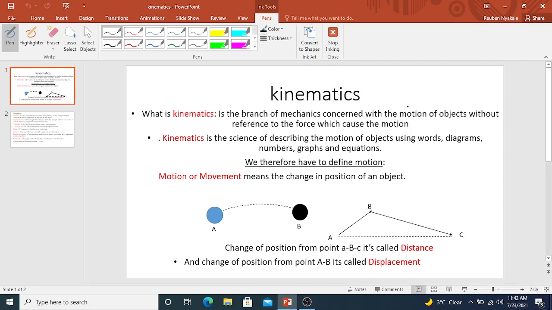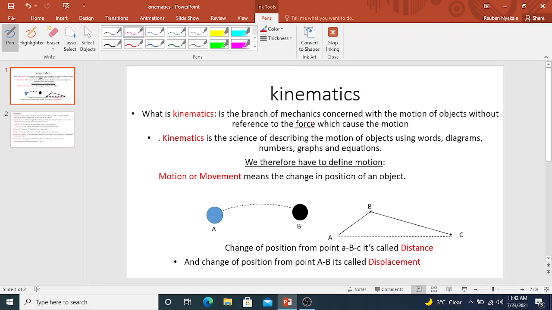In kinematics, we are dealing with motion. It is concerned with the motion of objects without reference to a force.